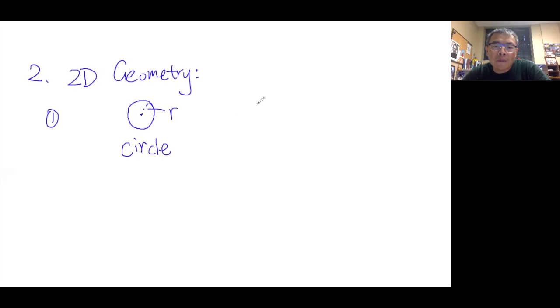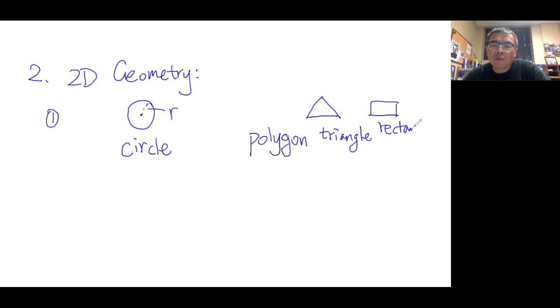Now another type of geometrical object in 2D geometry is called a polygon. The examples would be like this, a triangle, which has three sides, or a rectangle, which has four sides, and they're all perpendicular to each other, or a parallelogram, which also has four sides, but it is a little bit different.